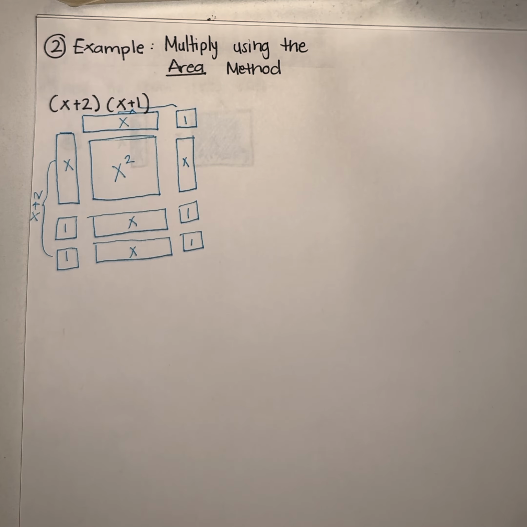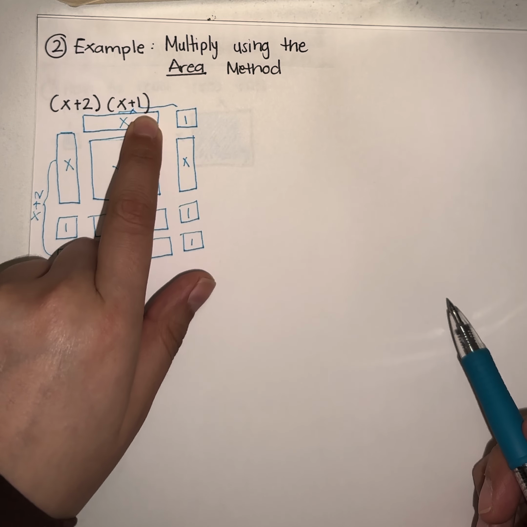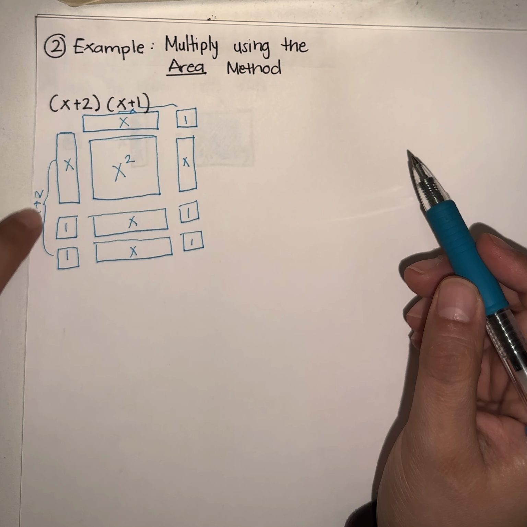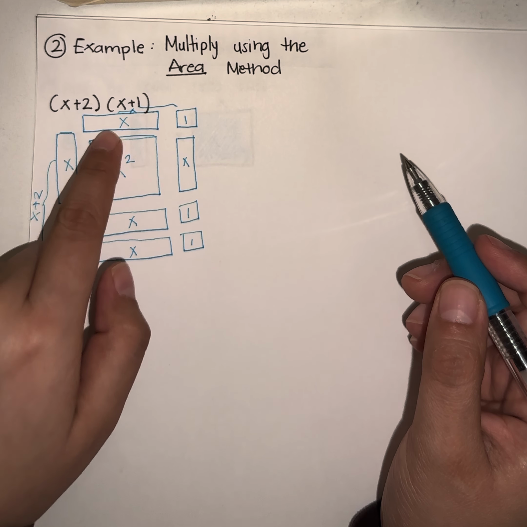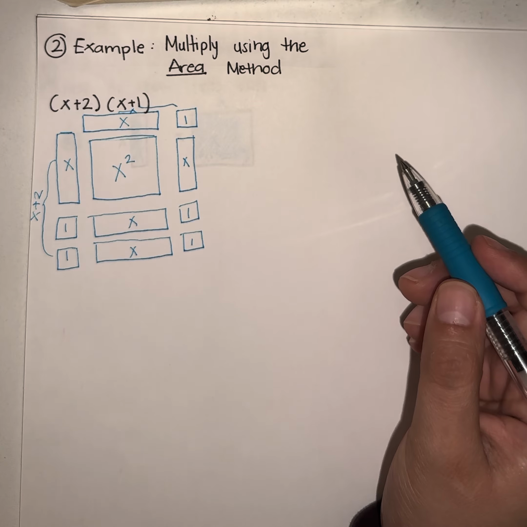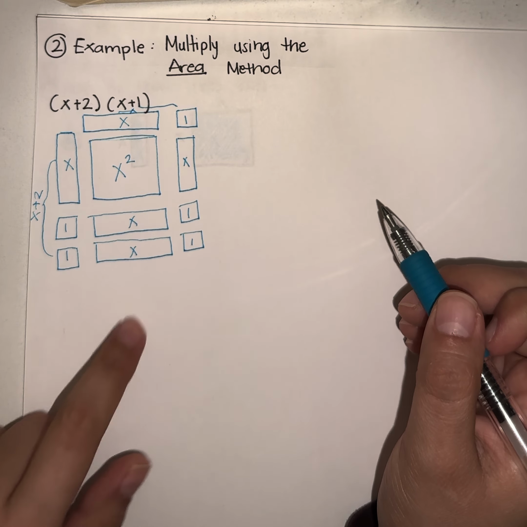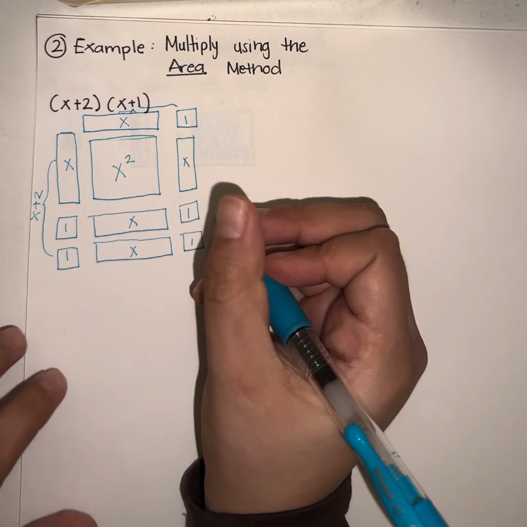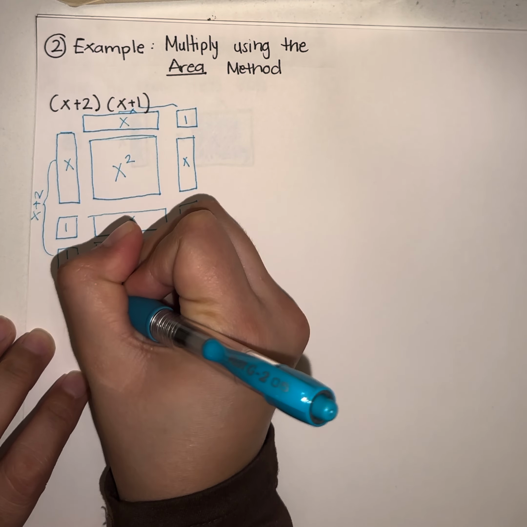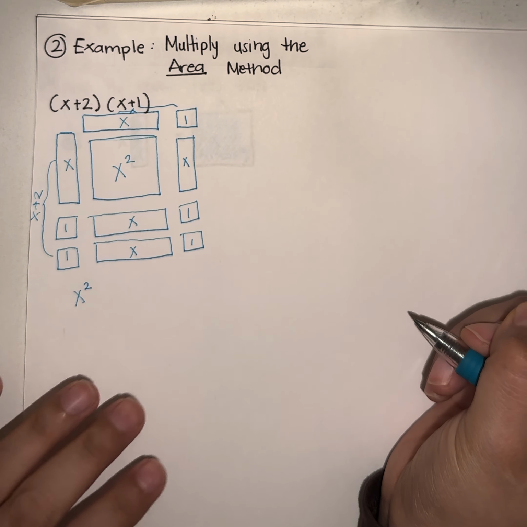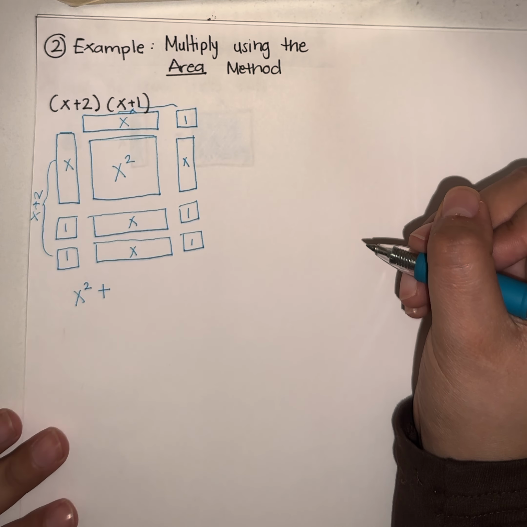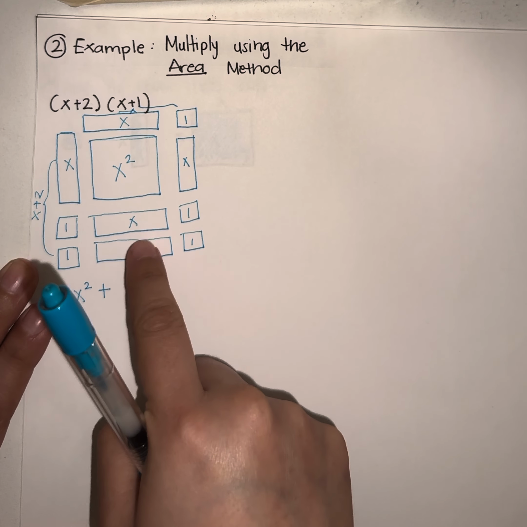Now that we created this figure, how are we going to use this to solve our binomial? Well, we're just going to count those. Remember, x plus 2 times x plus 1. So first, we can see that we got an x squared. We're going to add plus how many x's did we get? We got 1, 2, 3.